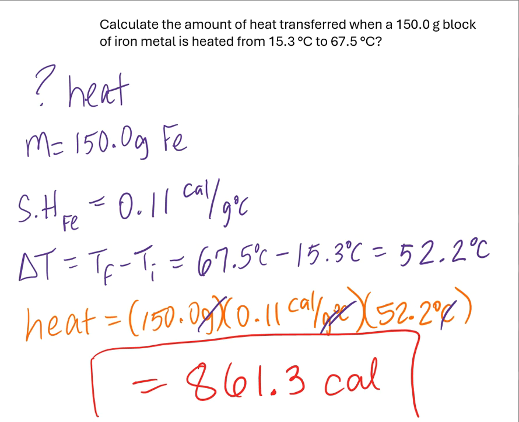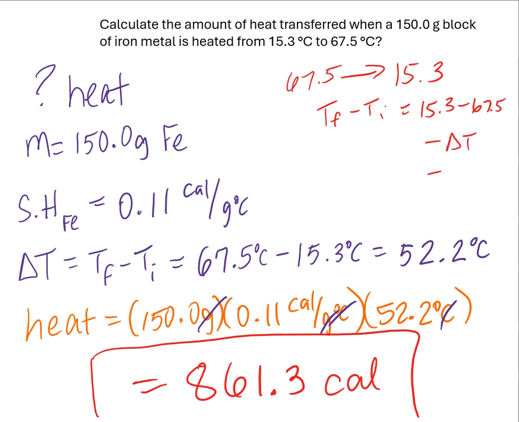If we're moving to a lower temperature, so if we went from the 67.5 to the 15.3, then our final minus our initial would have been 15.3 minus 67.5. That would have given you a negative delta T value, which would have given you a negative heat value. So in that case, heat would have been removed. But we don't have that in this problem.